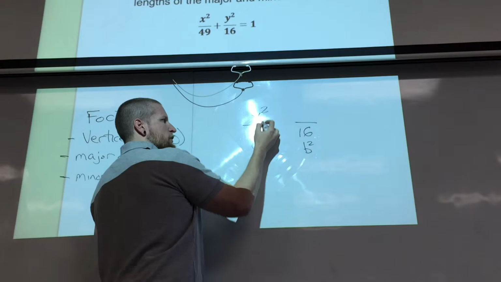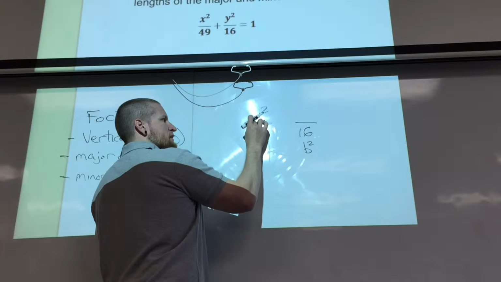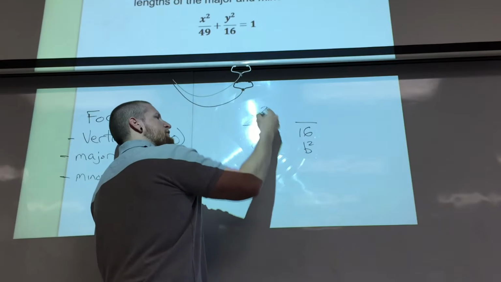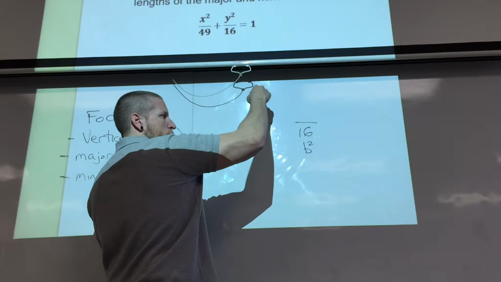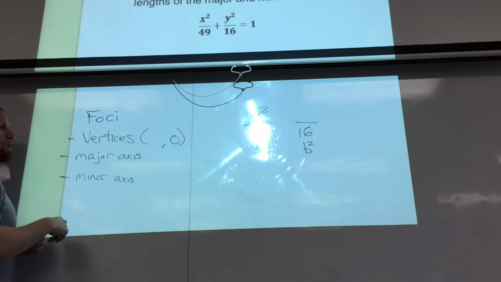As long as the bigger number is beneath the x coordinate, this is telling you which one to change. If I had the larger number below the y, then I would start changing the y coordinate.